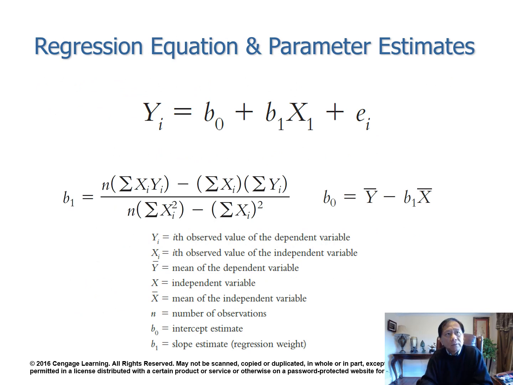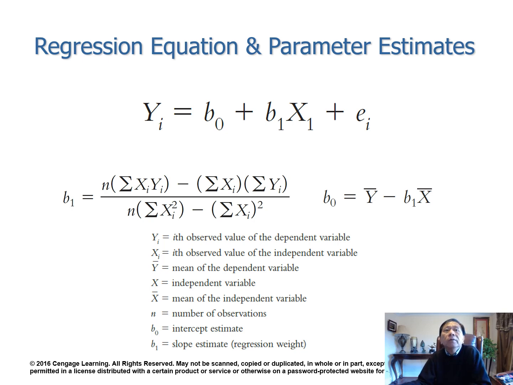Then this is the regression equation parameter estimate. This is the regression equation: y equals b0, that's the intercept, plus b1, the slope, times x1, plus the error. B1 is calculated by this formula: n times the sum of x_i y_i, minus the sum of x times the sum of y, divided by n times the sum of x squared minus the square of the sum of x.